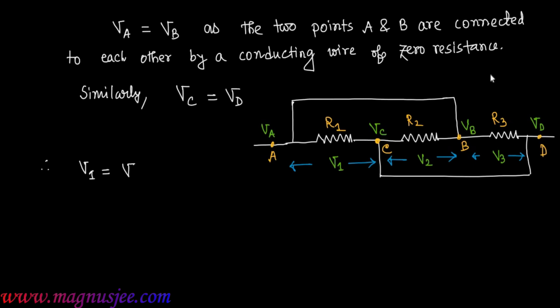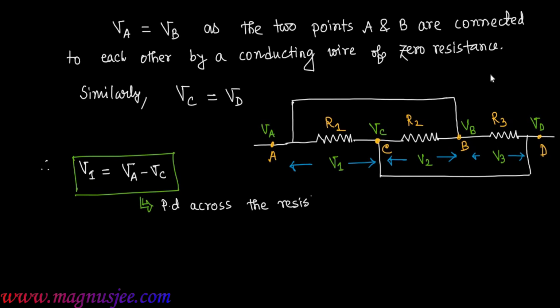Therefore, V1 is equal to VA minus VC, which is the potential difference across the resistor of resistance R1.